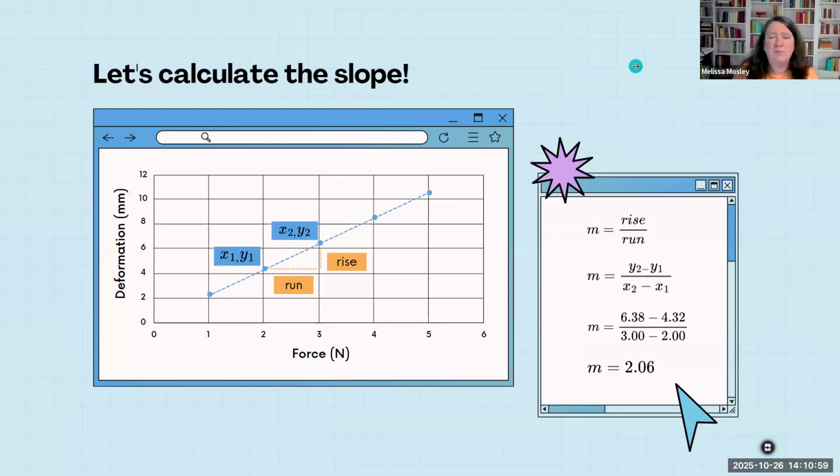So let's calculate the slope of this line. One thing I want you to notice is they do have it labeled rise and run on your line. So one thing that we have talked about in class that we want to remember is you can find a rise over run using your slope triangle.